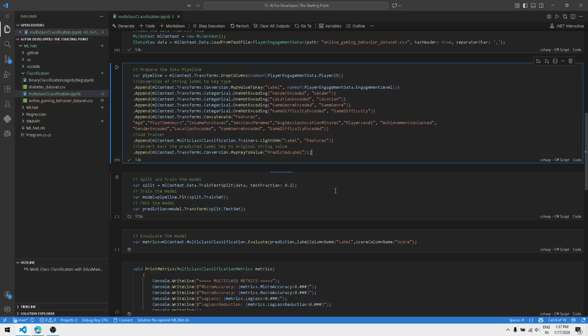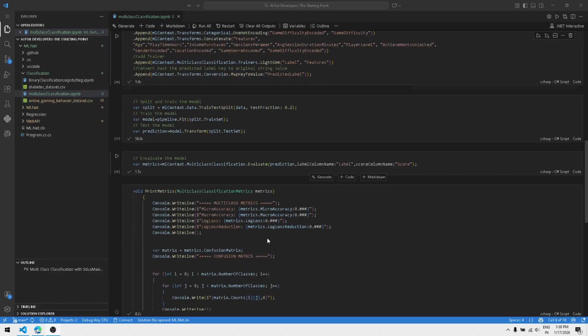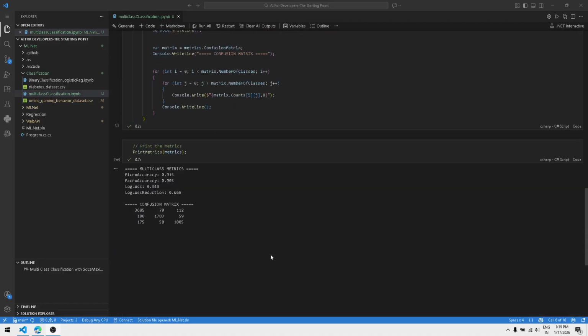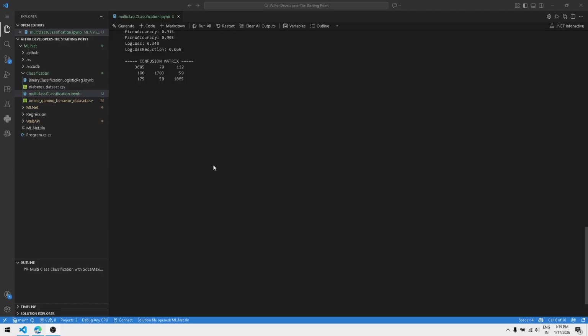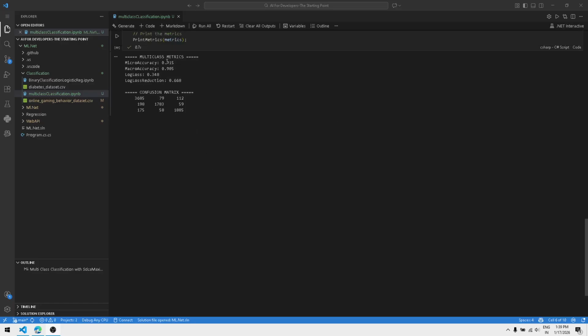It takes slightly more time compared to SDCA for the training, and then we will see the prediction. Let's see what the performance is. Yes, that's really nice. Now our model accuracy is 91%. Can you see, guys, this is the real difference.